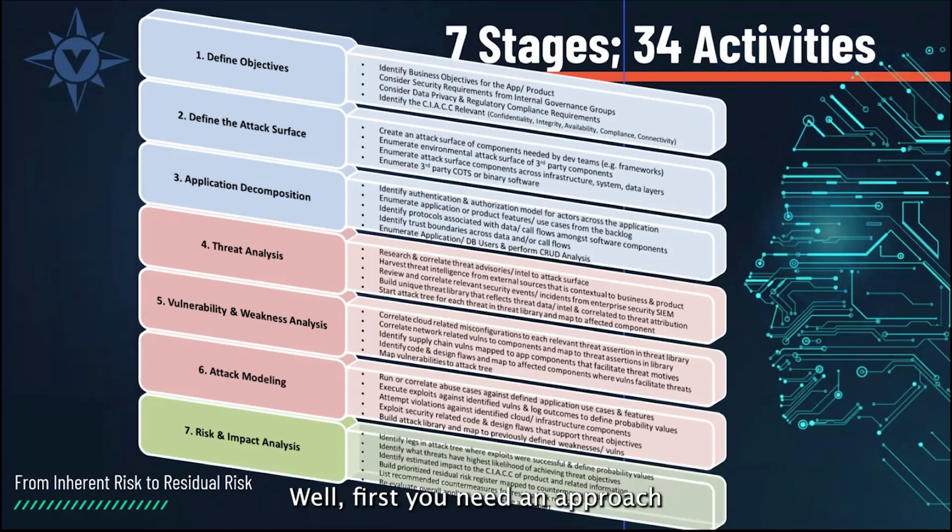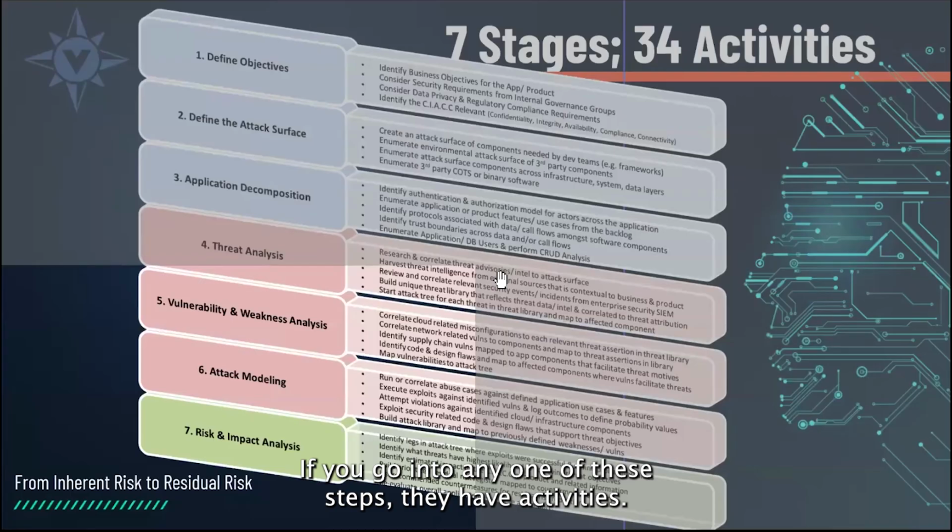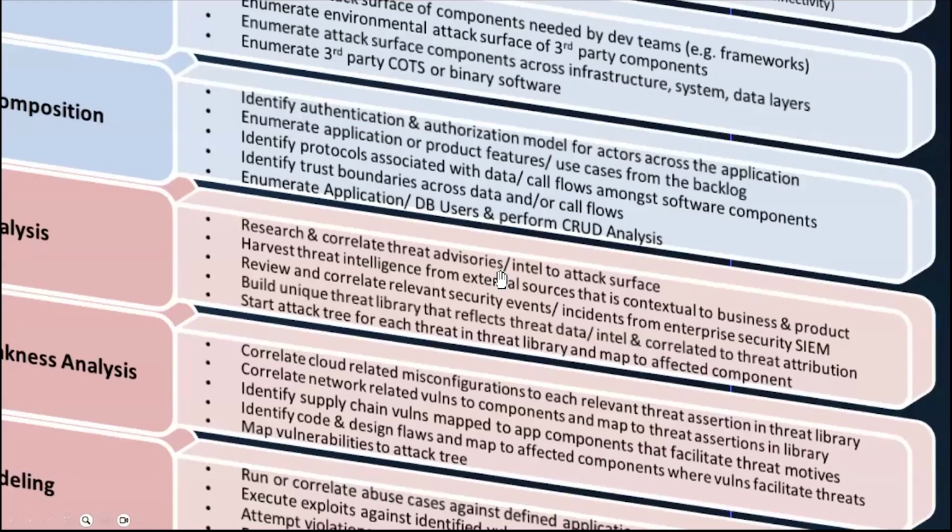So if you ask me, well, what are the tools? Well, first you need an approach. And PASTA is a risk-centric approach that you can use. And you don't have to do all 7 steps. If you go into any one of these steps, they have activities. And this tells you what you should be putting in as inputs, right?